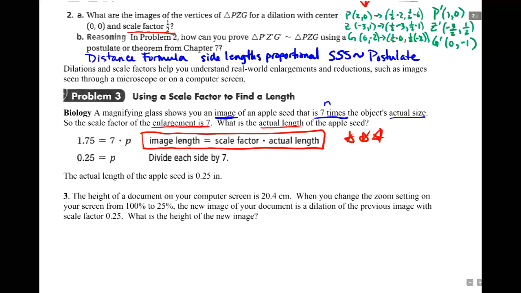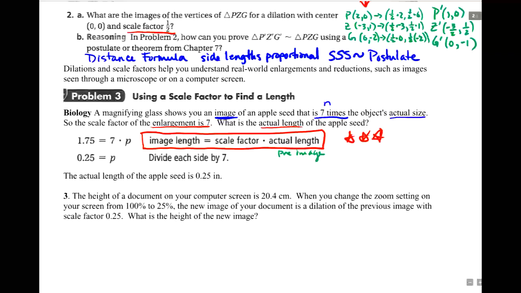Image length is our prime. This is exactly what we just did with our coordinates, right? P prime was n times x, n times y. Your image length is your scale factor times your actual length. This is pre-image.